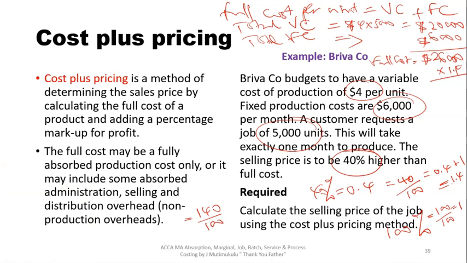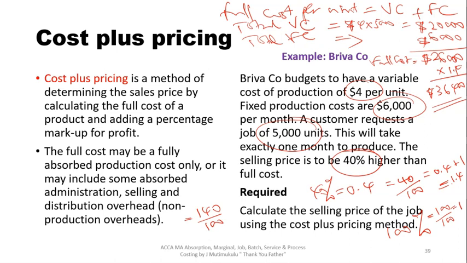So 26,000 multiplied by 1.4, we get 36,400. This is the selling price of the job.